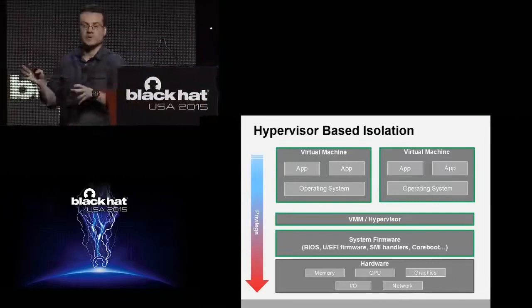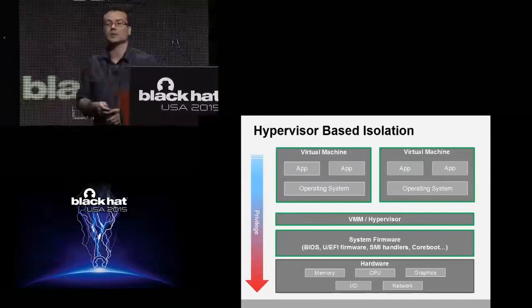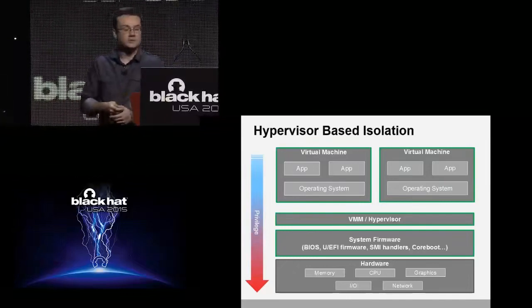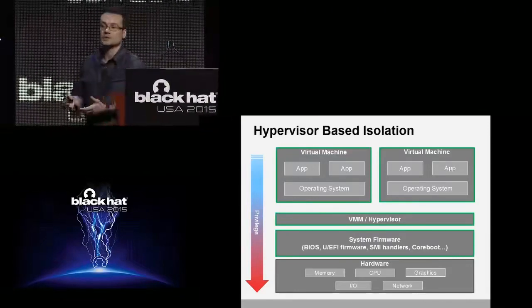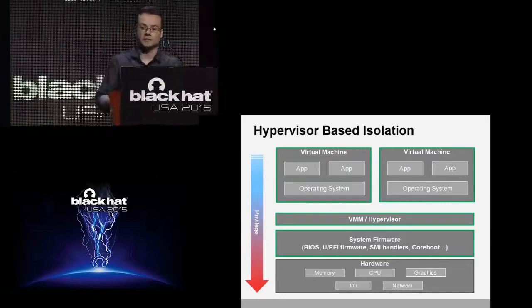This picture mostly represents the bare-metal hypervisor model, not the hosted virtualization model. There's a hypervisor booting on top of the system firmware, with the virtual machines managed by this hypervisor and the guest OSs isolated from each other.